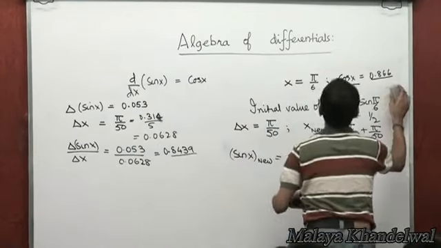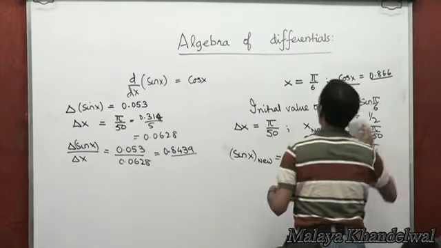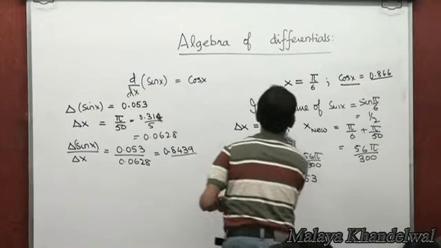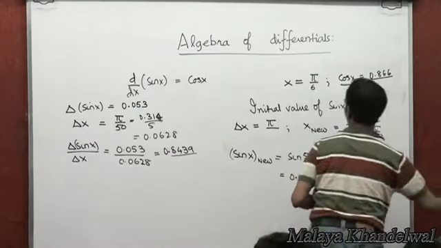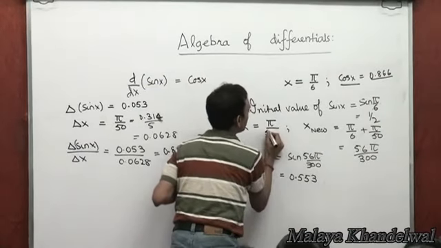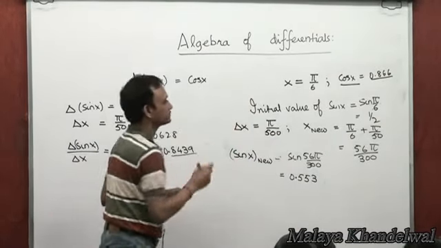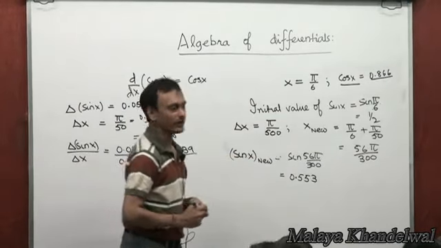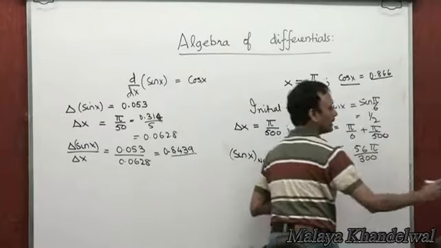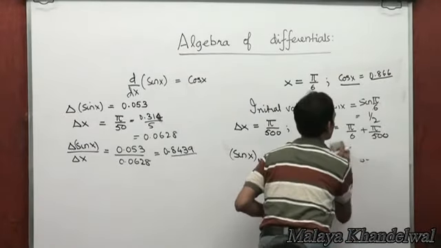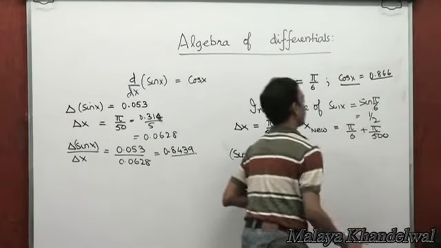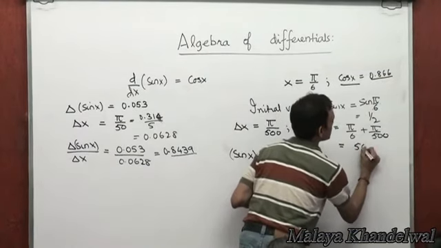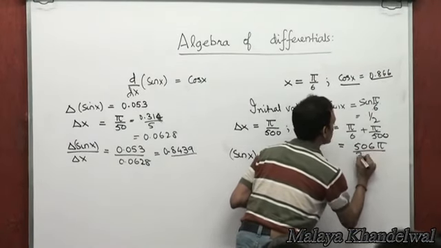Now, what I do is, I change these numbers. Change in x is pi by 500. Then the new value of x becomes 506 pi by 3000.